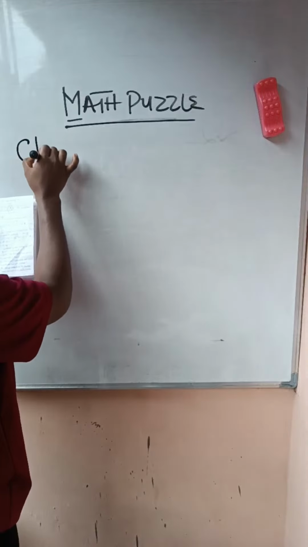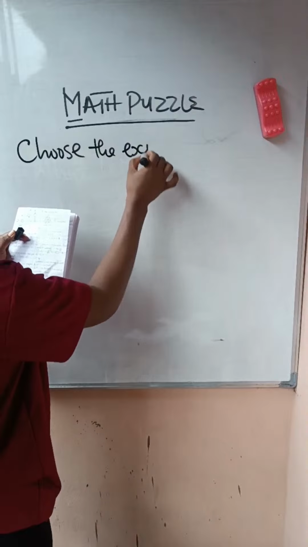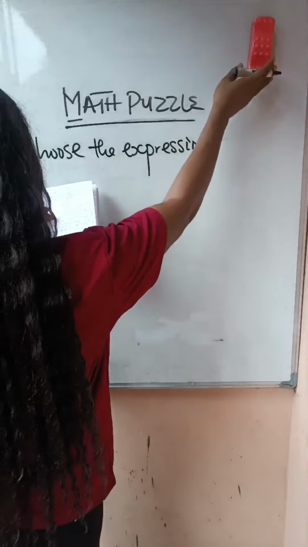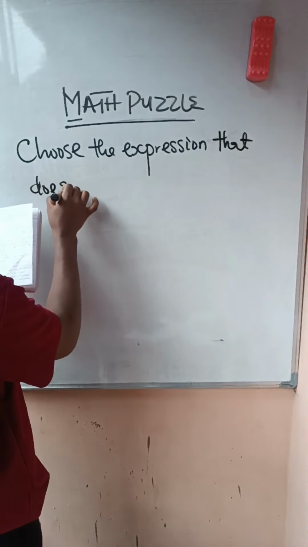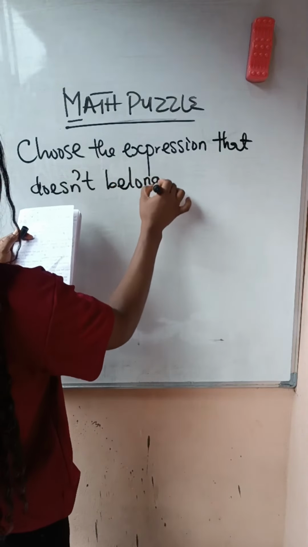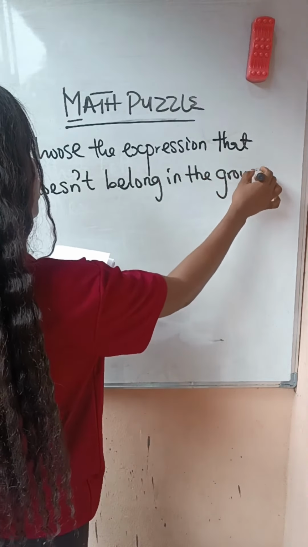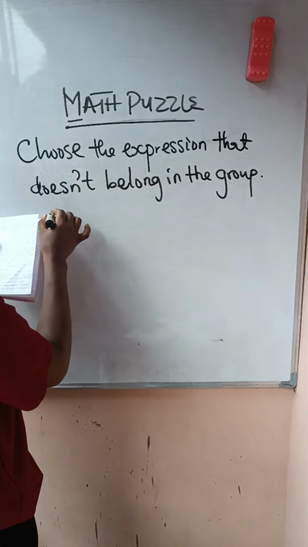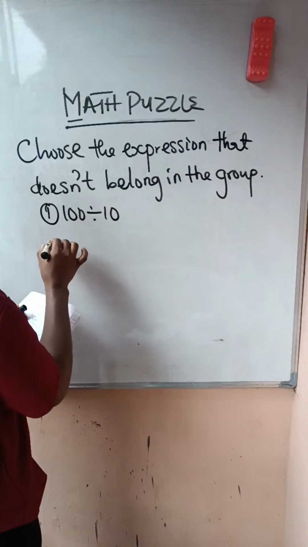This says choose the expression that doesn't belong in the group. Choose the expression that doesn't belong in the group. So we have A, 100 divided by 10.